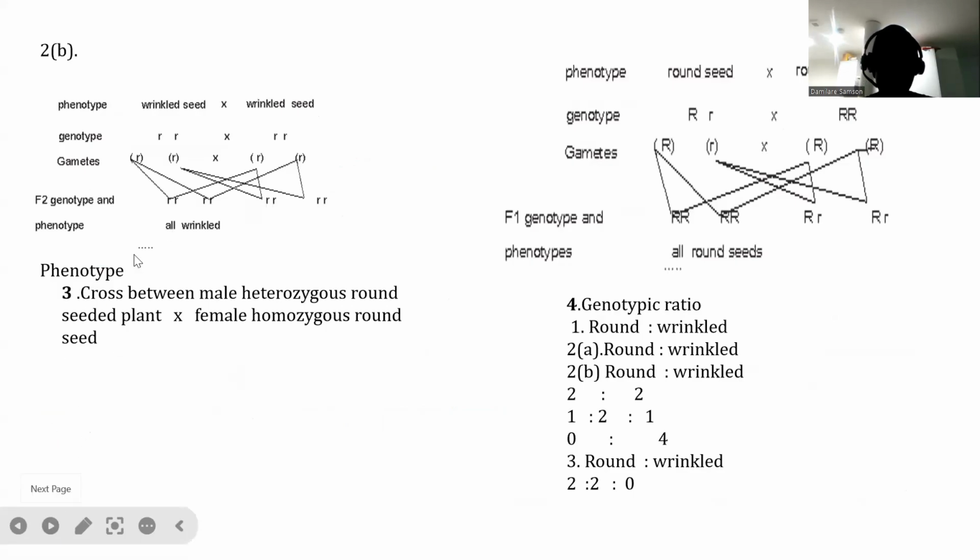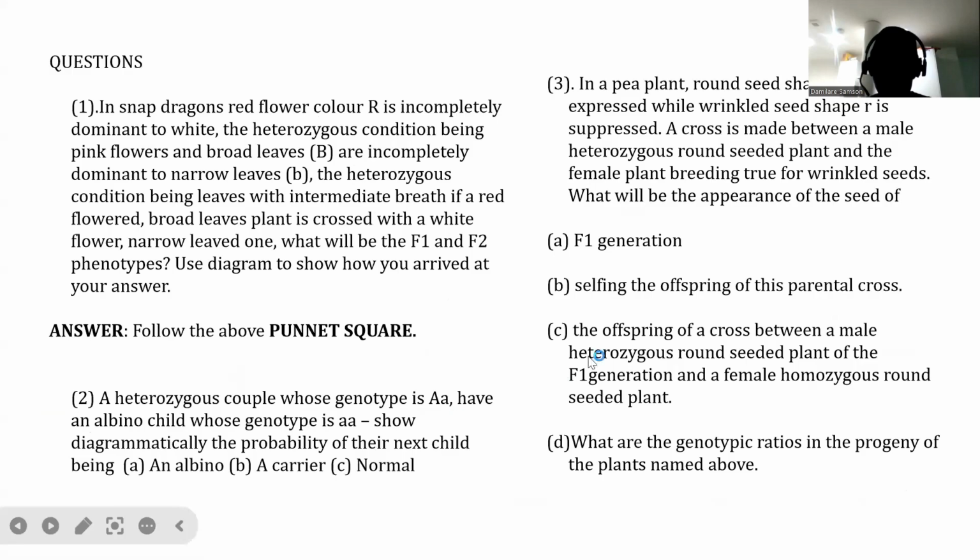2B says you should self the two. I've told you already that for the wrinkled one, everything will be wrinkled. Now the next question says the offspring of a cross between a male heterozygous round of the F1 generation and a female homozygous round seeded plant.